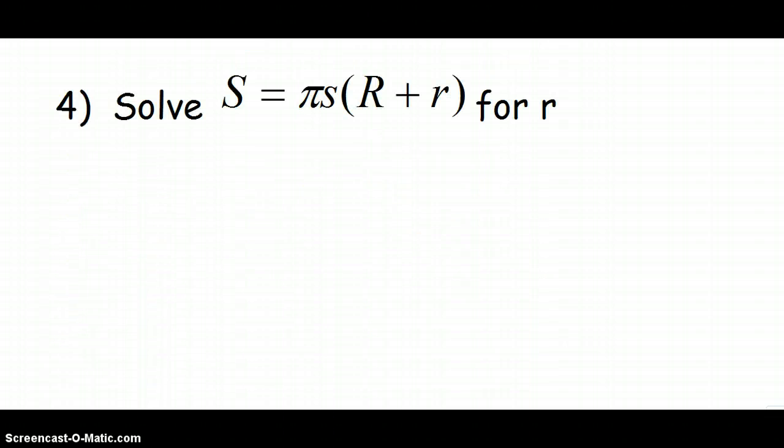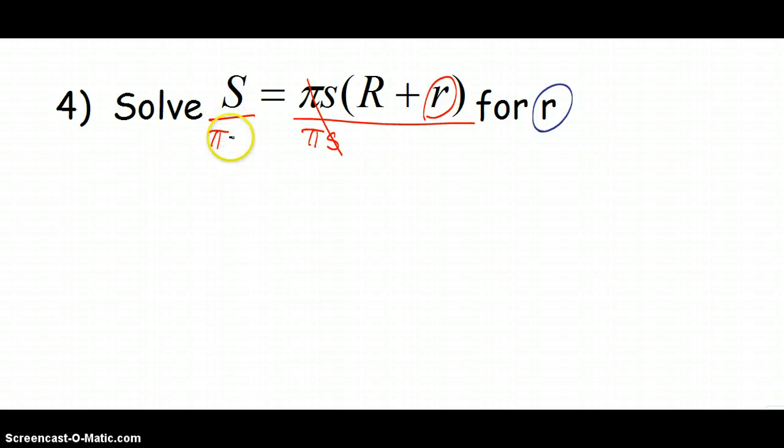Now I have solve S is equal to pi times s times capital R plus lowercase r, and I want to solve for lowercase r. Well, this r is deep inside the parentheses, so I'll kind of have to unlock the gate. Who's keeping the gate closed? Pi and s are in my way. I'm going to divide both sides by pi times s. And notice this other s is a lowercase s, so these s's will not cancel.